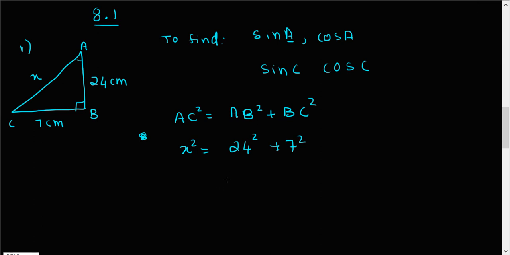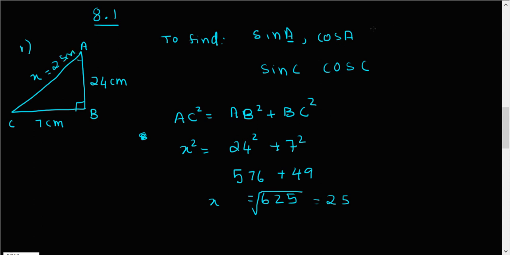So 24 square is 576, 7 square is 49, which is equal to 625. So x would be the square root of this, which is 25. So this side is equal to 25 centimeter.